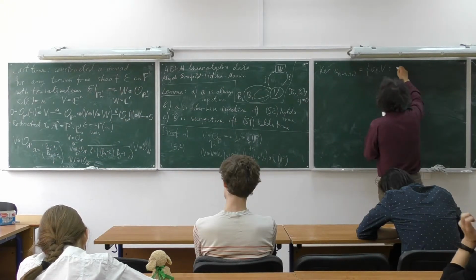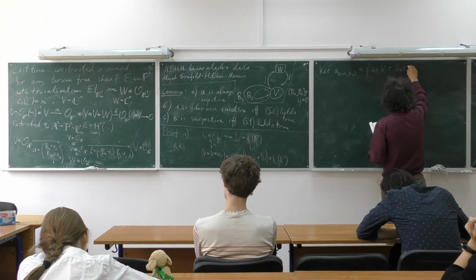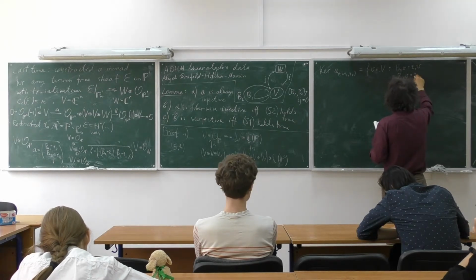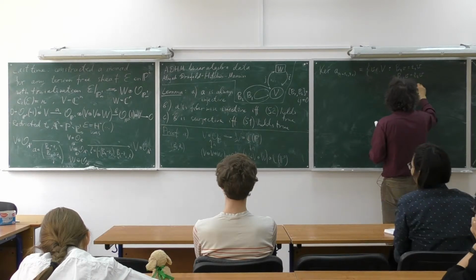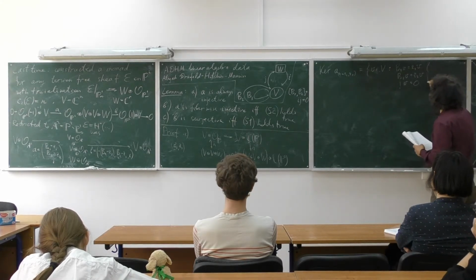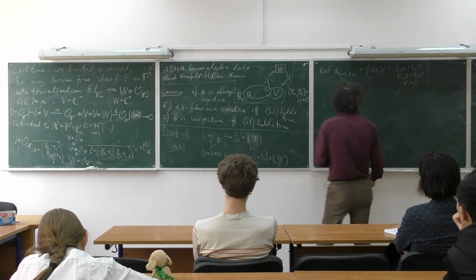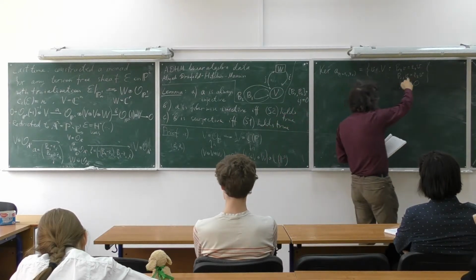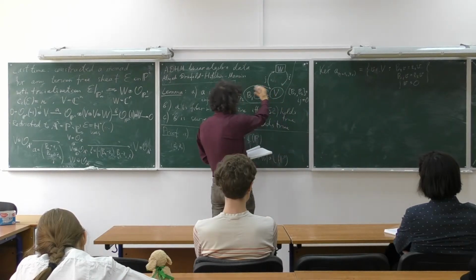So first of all, B1V equals Z1V, B2V equals Z2V, and JV equals 0. And you see that V is a common eigenvector of B1 and B2, right?